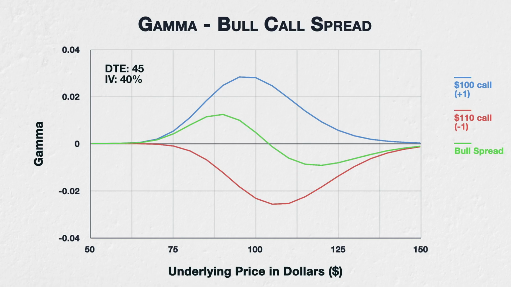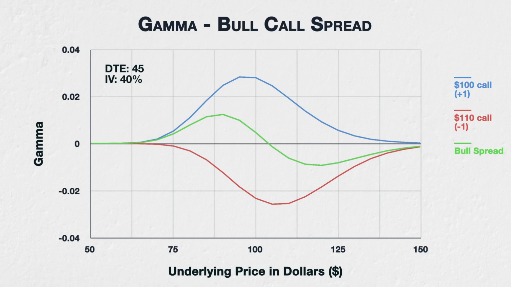The $100 call option in blue is purchased and therefore gives us positive gamma, meaning the delta will increase if the underlying price increases. However, the $110 call option in red is sold and therefore gives us negative gamma, meaning it will decrease our delta as the underlying price increases.